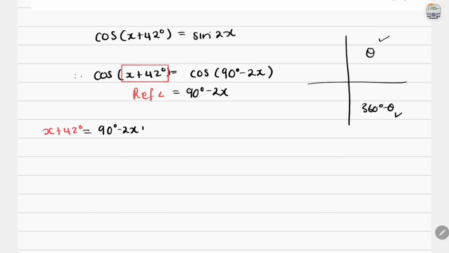Then you need to say plus k of, and this is cos, we're using cos, so the cos graph repeats itself every 360 degrees. It takes 360 degrees to complete one cycle. So this is plus k 360 degrees, or second solution, we say x plus 42 degrees is equal to 360 degrees minus theta, and our theta here, our reference angle, is 90 degrees minus 2x.